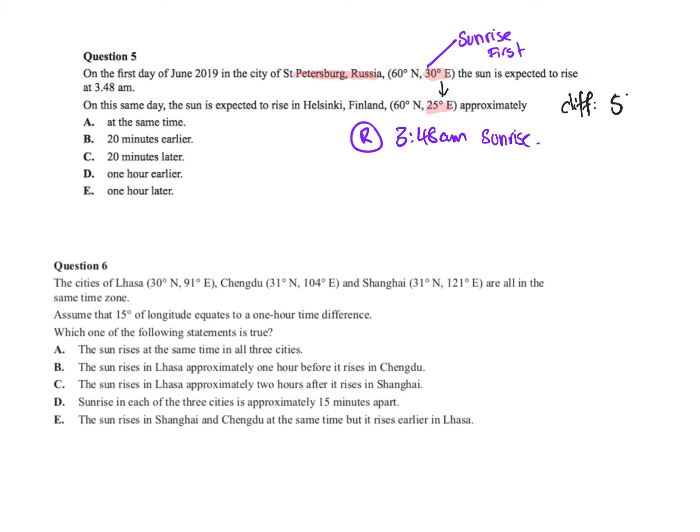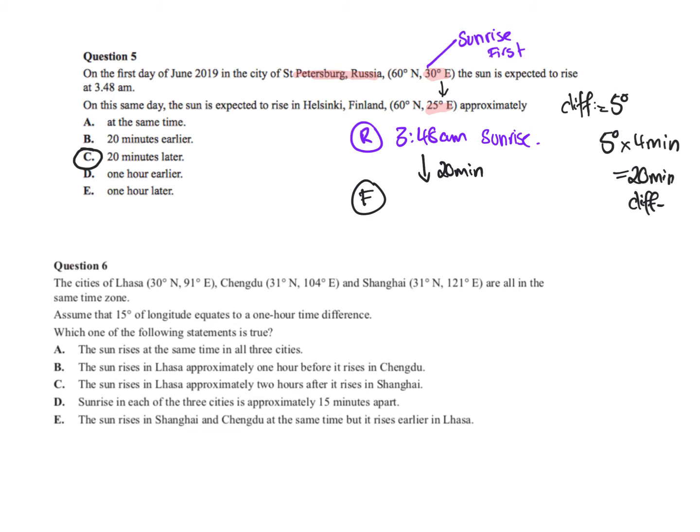There's 5 degrees difference, so we can just do 5 times 4 minutes, because 1 degree is approximately 4 minutes. So there's a 20-minute difference, and if Russia got it first, then 20 minutes after, the Finland place will get it. It's just asking, so we can just say 20 minutes later. Okay.